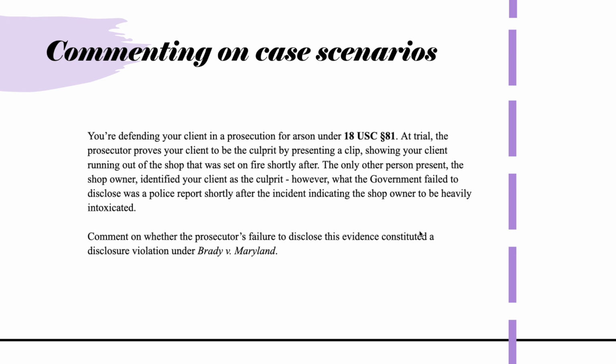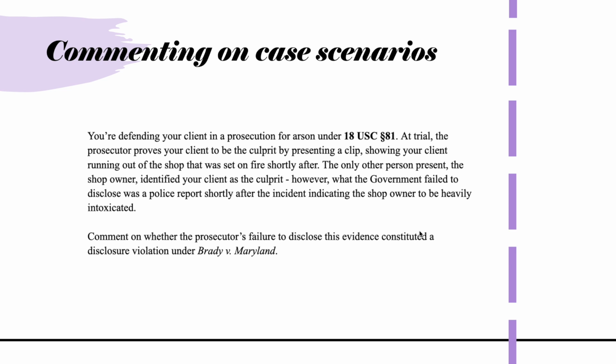Now, at the trial, the prosecutor proves our client to be the culprit by presenting a clip showing our client running out of the shop that was set on fire shortly after. The only other person present, the shop owner, identified our client as the culprit. However, what the government did not disclose was a police report that indicated the shop owner was heavily intoxicated at that time.